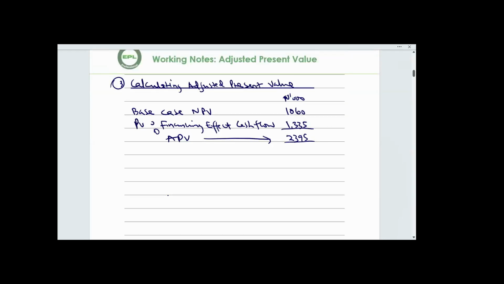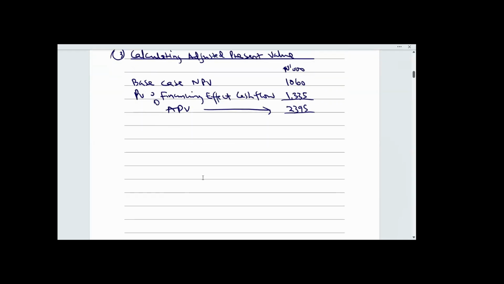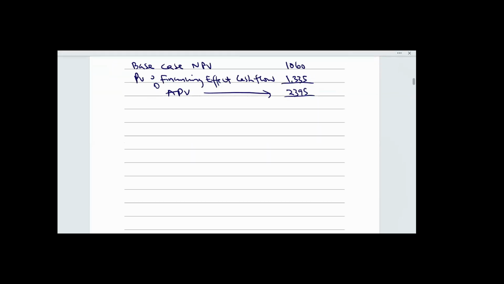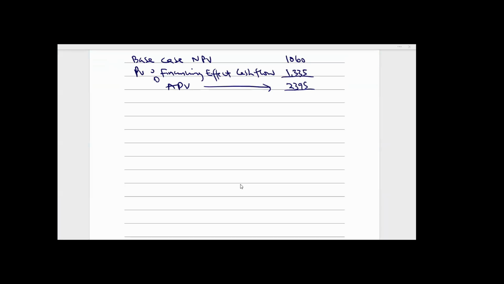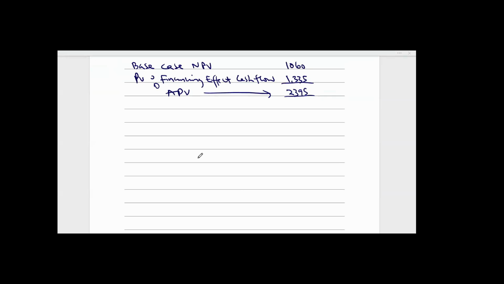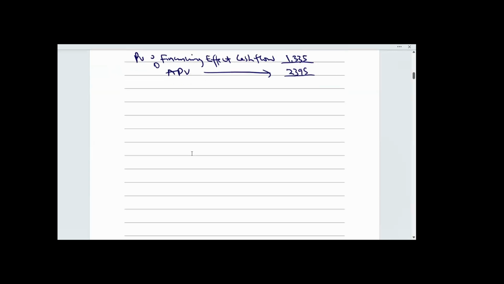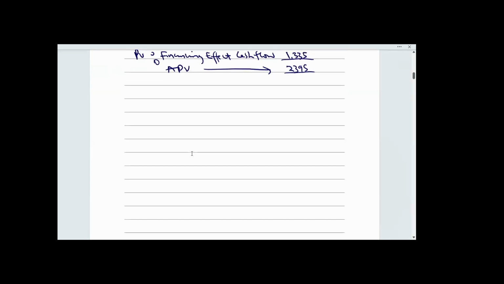Okay, APV is 2395. So the examiner is now asking you, from the requirements, to evaluate on financial ground whether AS should proceed with the project. Based on the decision rule, if APV is positive, then the project is financially viable and should be undertaken.